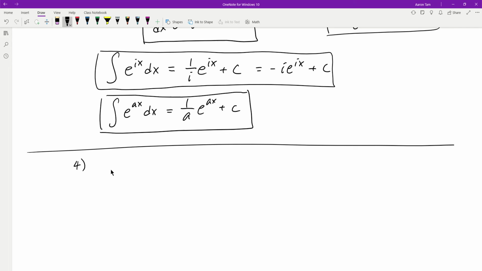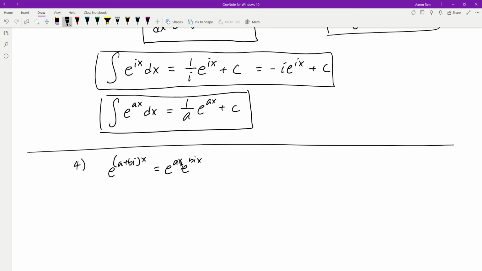So let's look at it this way. What if we have e to the (a plus bi)x? And let's say I want to take the derivative. So now remember, this is just e to the ax times e to the bix.